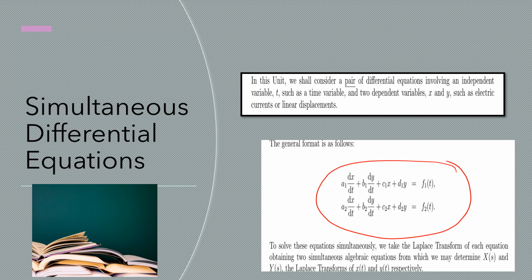Then you convert the transformed functions x of s and y of s by the inverse Laplace transformation to get the values of x of t and y of t. So it is a two-way process. The first is taking the Laplace transformation. The second is finding the inverse Laplace transformation.